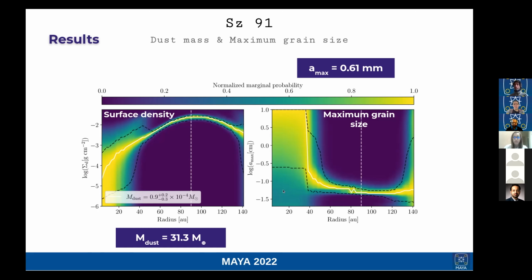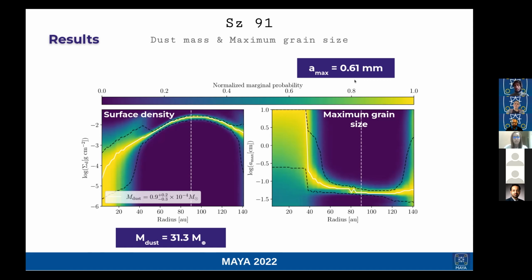And on the right, you can see the best profile for the maximum grain size. And you can see that it's also almost constant throughout the ring of dust and has a value of around 0.6 millimeter. So we can safely say that there is accumulation of dust there. There is dust growth because these grains have a maximum grain size of at least 0.6 millimeter.